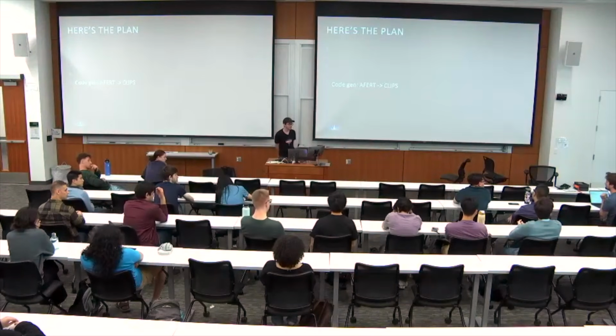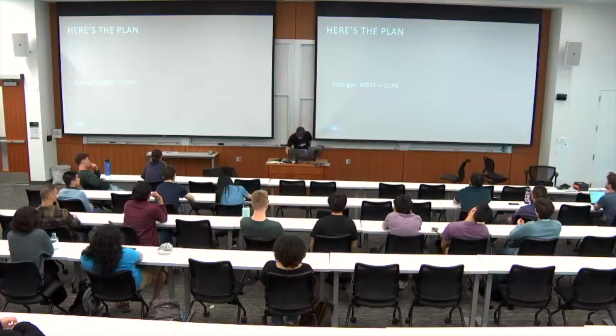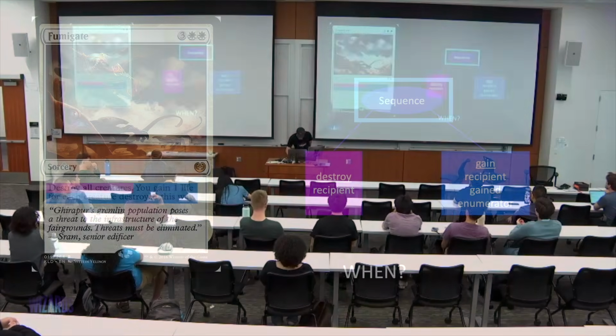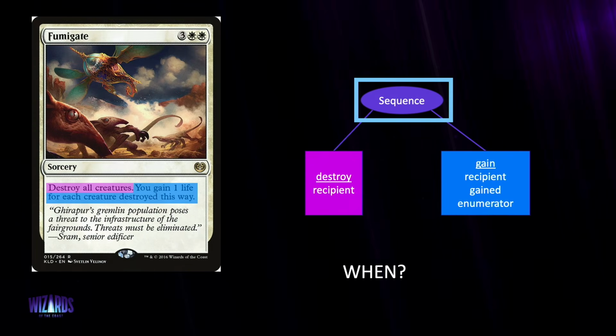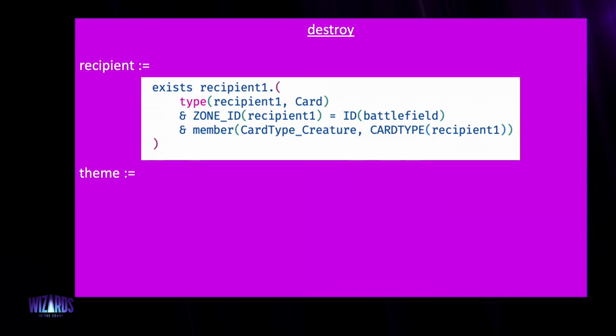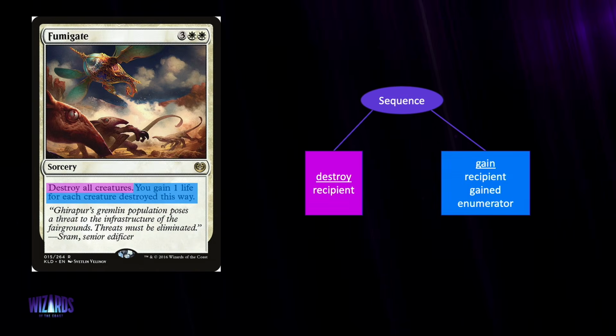Yes? Very briefly, the previous example, what was enumerator referring to? So enumerator is tough because it's a bit of a more abstract concept. But yes, it's referring to this part, each creature destroyed this way.